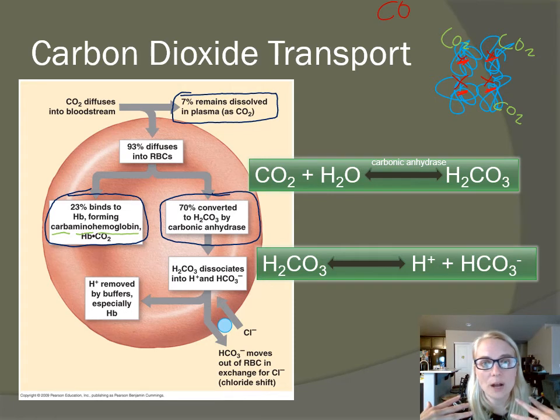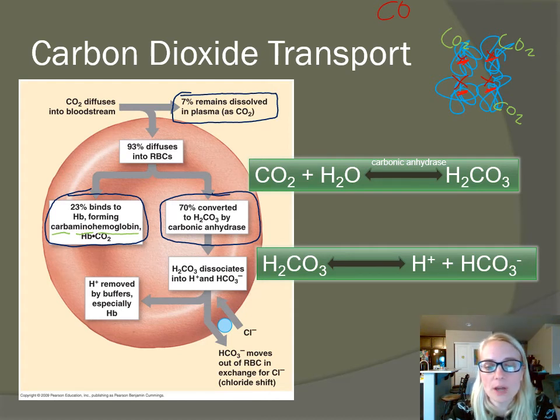Basically, that's carbon monoxide poisoning: the carbon monoxide kicks off the oxygen, binds to your hemoglobin, does not allow oxygen to be carried to your tissues, and you basically suffocate all your tissues. You die. All right. So that's our carbaminohemoglobin.